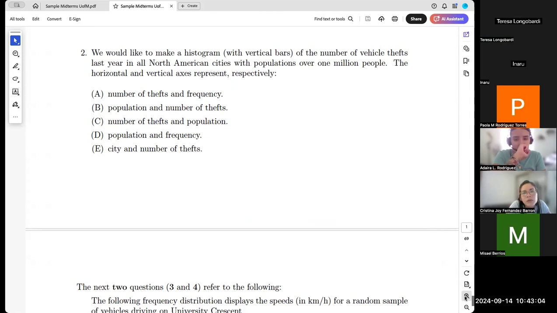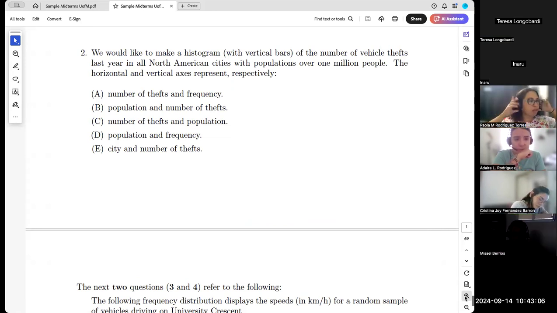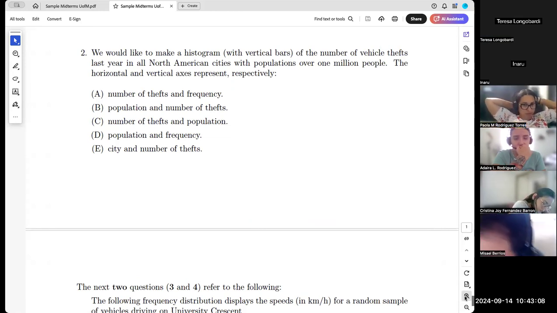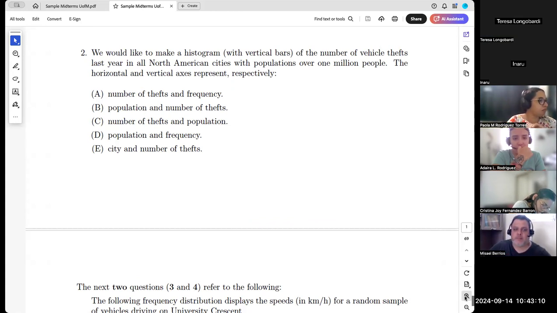All right, so this is about histograms. Did you get a chance to see the histograms? I hope. My hint is just identify the variable first.